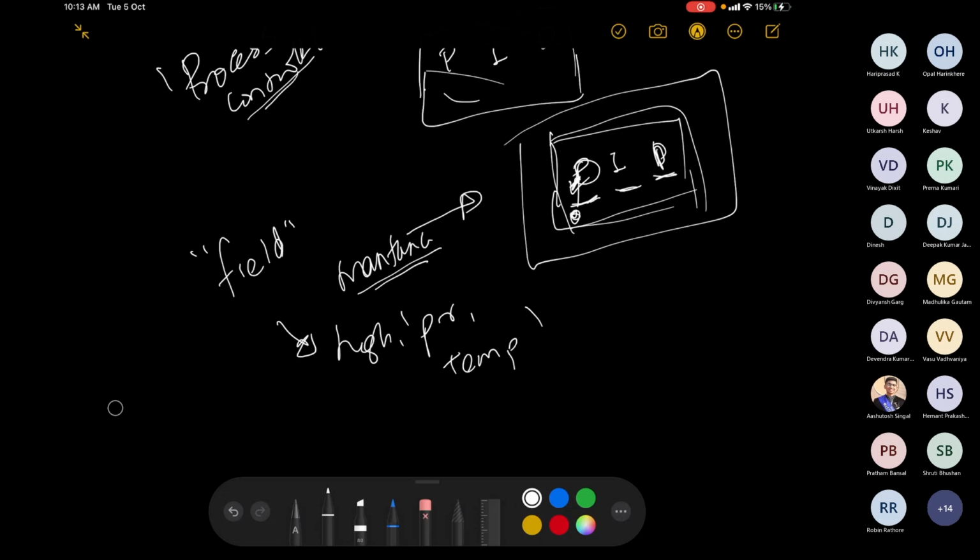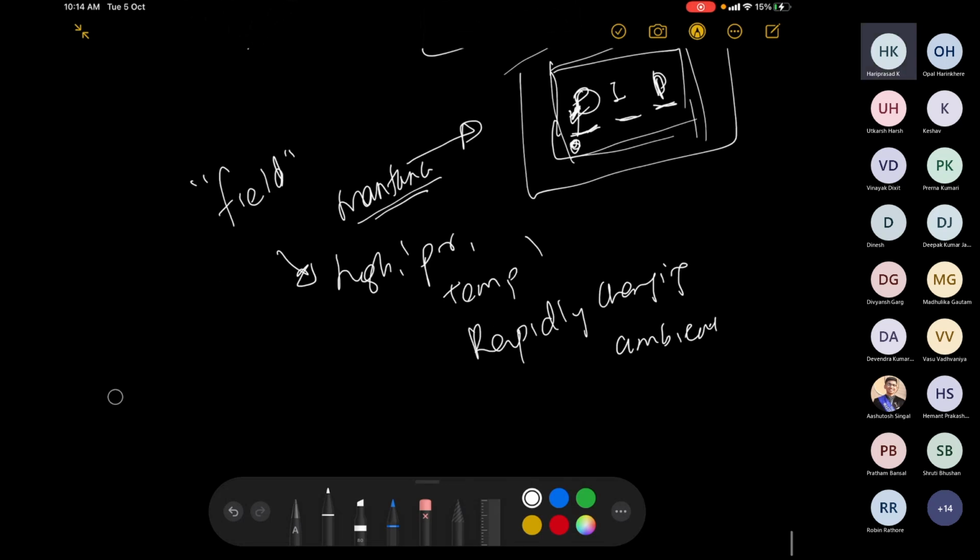Then also rapidly changing ambient conditions. All of these are electronic equipment, electronic devices.